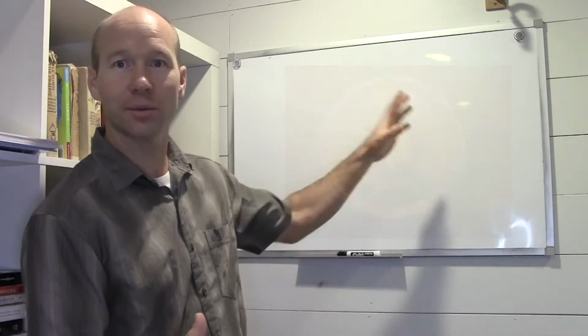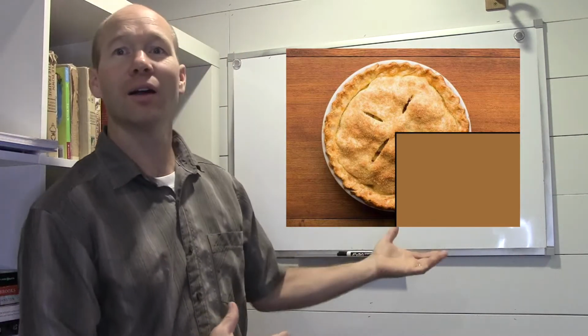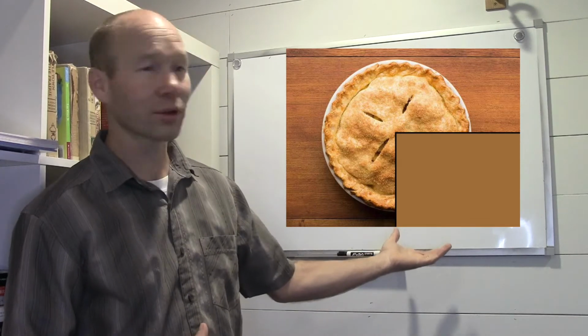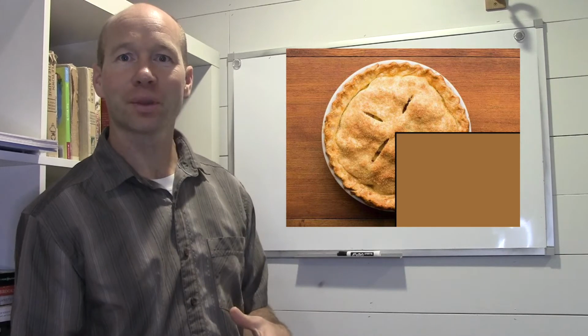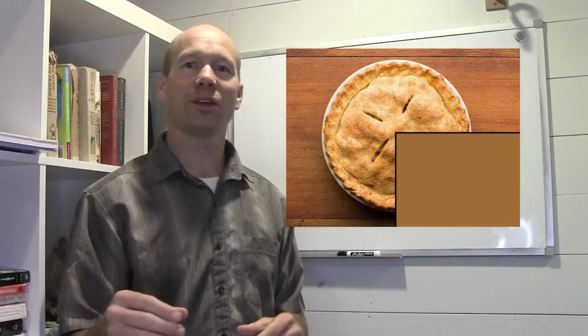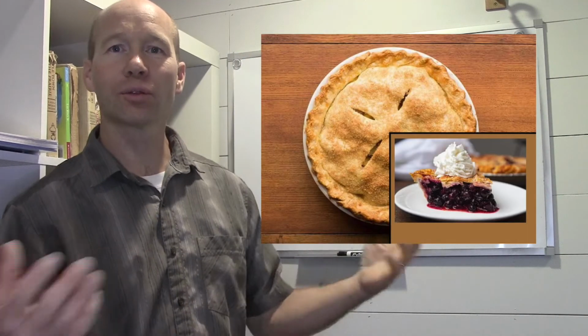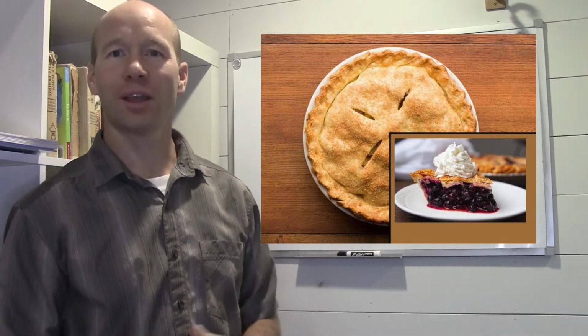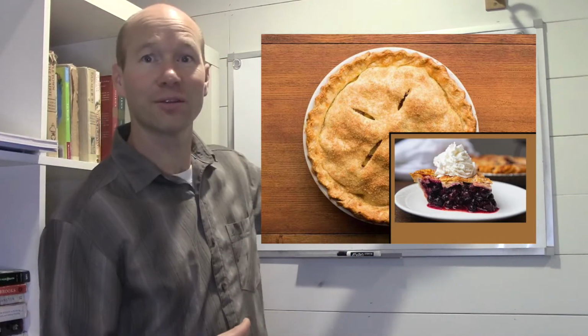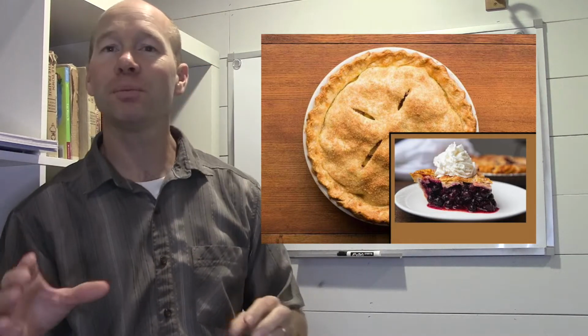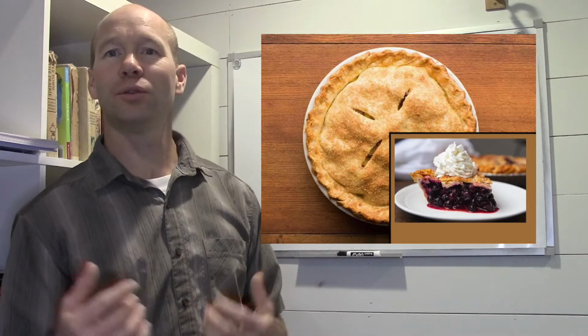Alright, so we've got 3/4 of a pie here, and we're going to divide that into 1/8 of a pie slices. So 3/4 divided by 1/8. How would we do that? If we're going to take our 3/4 and divide that into 1/8, how many people are we going to be able to feed?